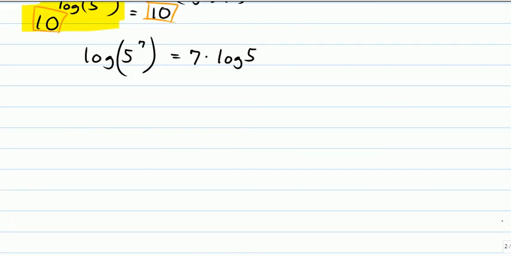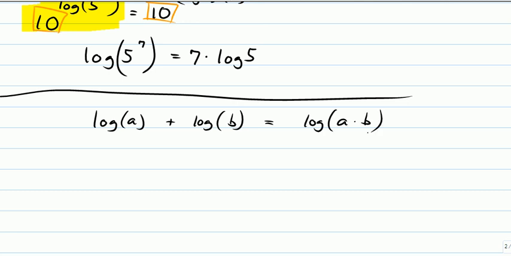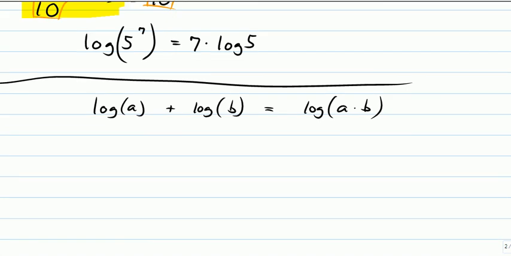The next property we were going to look at was we wanted to show that the log of a plus the log of b equals the log of a times b. Now, we've developed something with our students where if we made this statement, a is equal to 10 to the what?